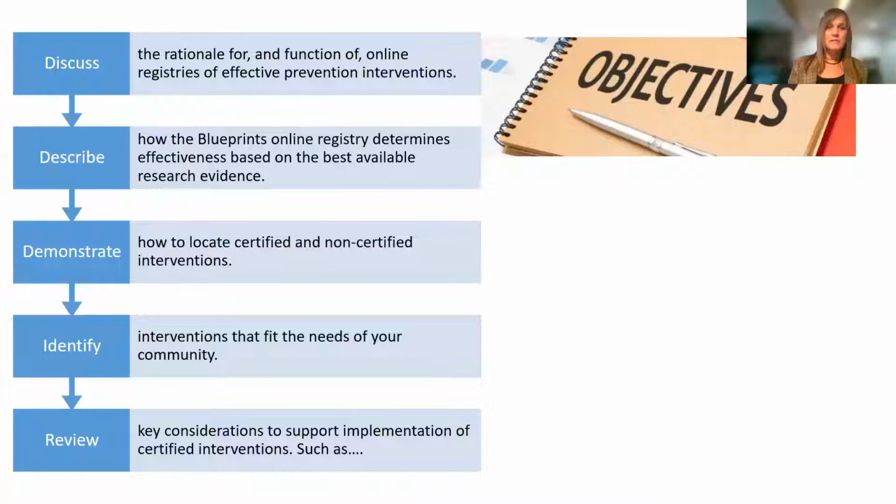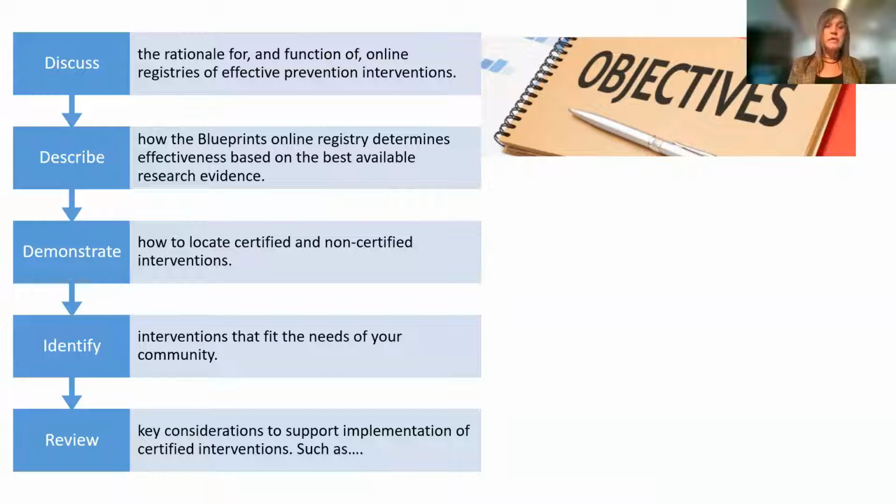The objectives today, and this was included in the advertisement for the webinar: we're going to discuss the rationale and function of online registries. I'm going to describe how the Blueprints registry in particular determines effectiveness based on the best available research evidence. I'm going to show you a demonstration of how to locate evidence-based interventions within the Blueprints registry, how to identify interventions that fit the needs of your community, and how to conduct those searches within the registry.